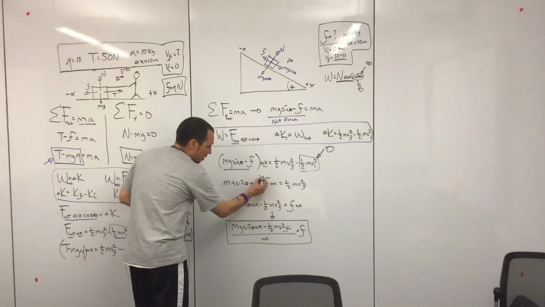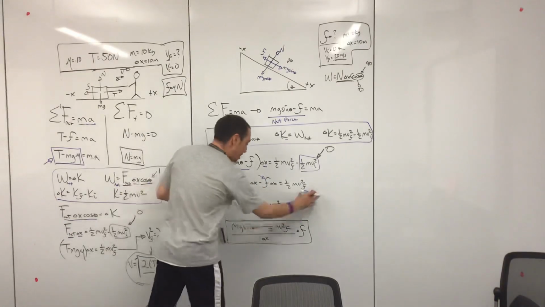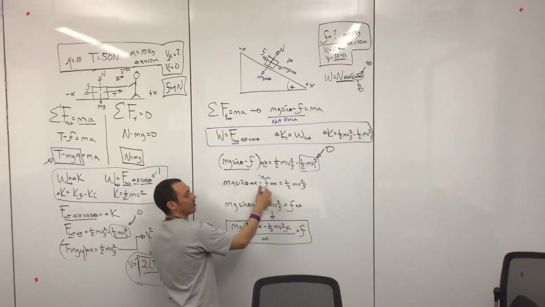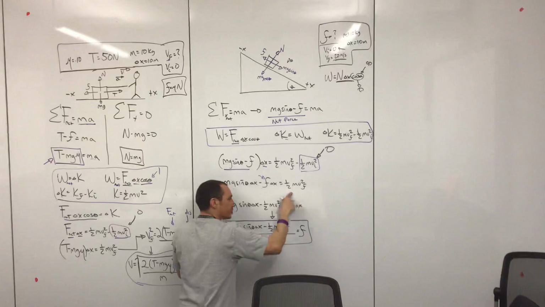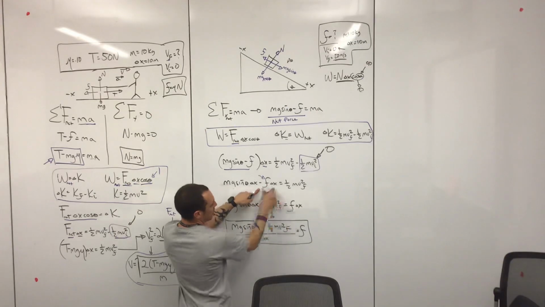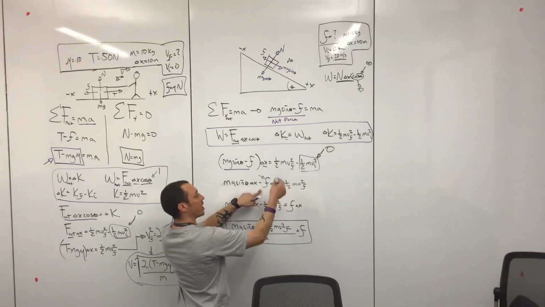Now remember, we're trying to find friction here. So now it's just some algebra, where I'm going to add this over. Because I wanted to keep friction positive, I added friction over and subtracted 1/2 mv squared over here. I'm not concerned with anything else, I just want to find the value of it.